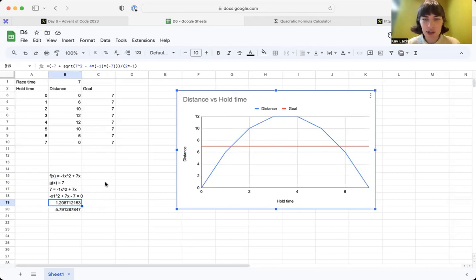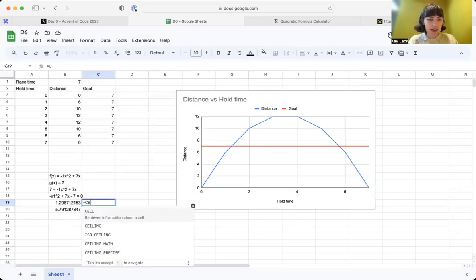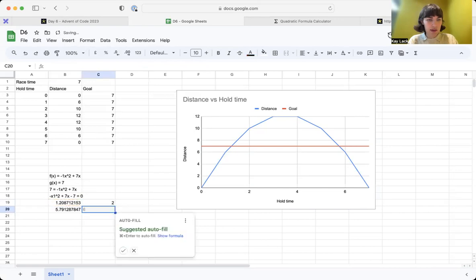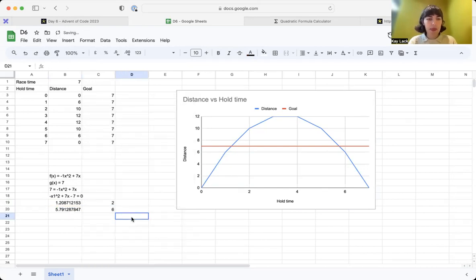I guess you would probably want to take the ceiling of this and the floor of this. No, yeah. It's really the outcome of that formula, isn't it?